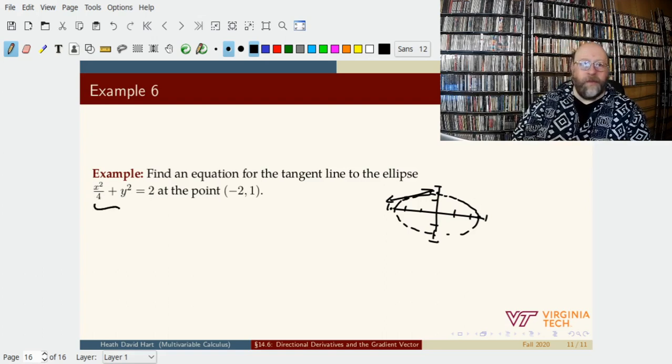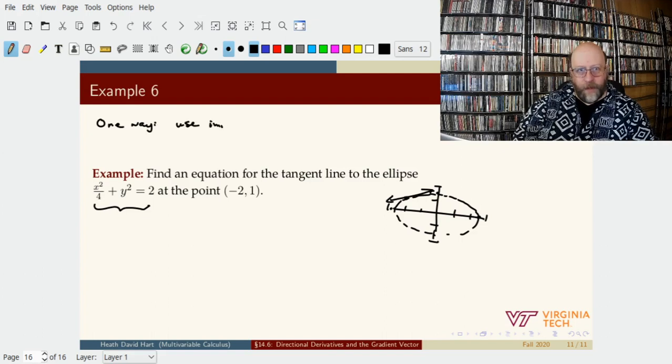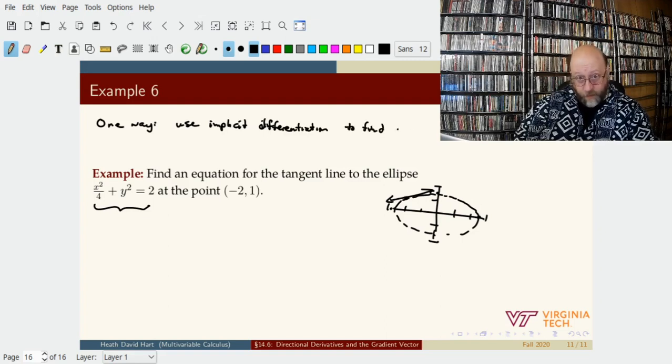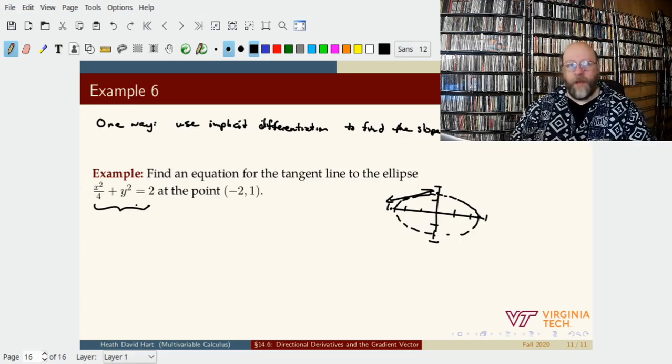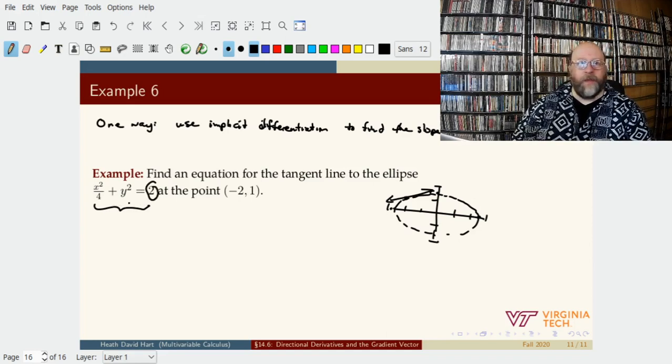So let me first mention one way is to use implicit differentiation to find the slope. But this is a tricky way that we can use sometimes. It might sometimes be faster.